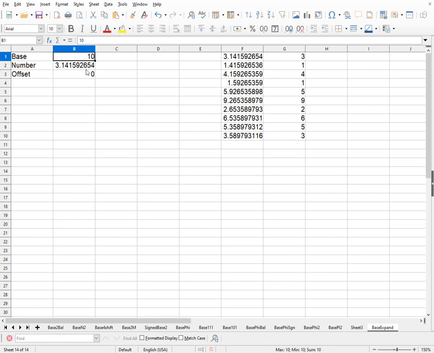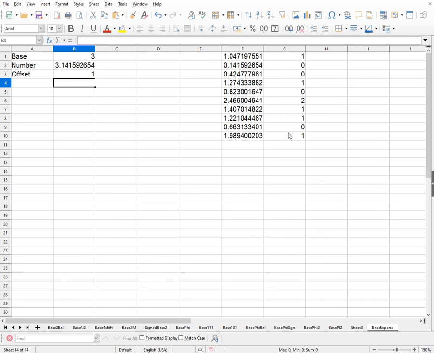Let's try base 3 here. I need to increase my offset by 1 because this number is now between 0 and the base. So let's increase that. So now I've got 10.01021101.